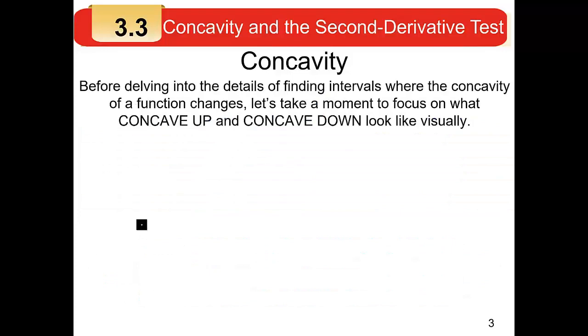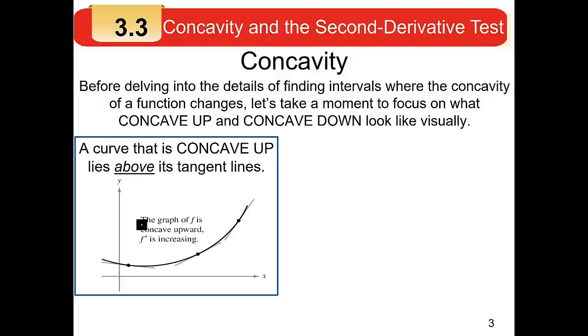Before we delve into the details of finding intervals where functions have concavity changes, let's take a moment to focus on what concave up and concave down look like visually. For example, if I take this curve, you notice that if you start drawing tangent lines to that curve, they all fall underneath the curve. So we can think about a graph of a function over an interval.